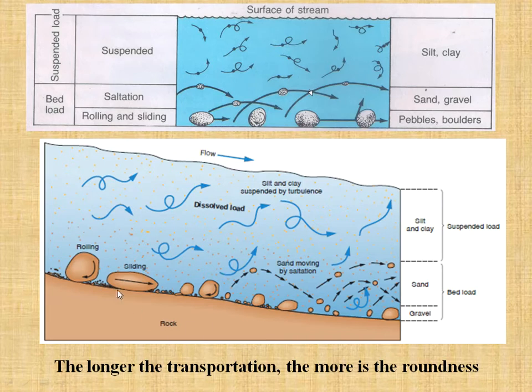So this is another diagram to show the rolling and sliding of the bed load. And then you have again this gravel, sand, silt and clay moving along the floor of the bed, then saltation, then in suspension. So this is known as the suspended load, and this is known as the bed load.